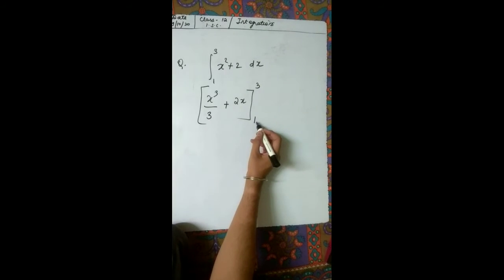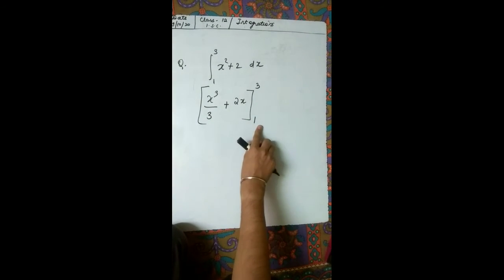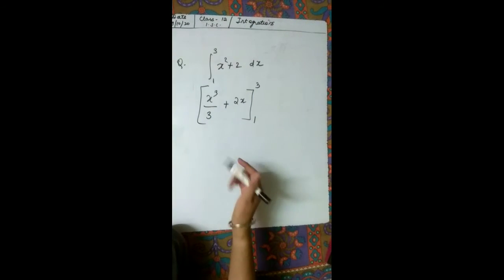As you integrate, you put the limit here like this. Now you put 3 in this and minus 1 in this. How will we put 3?